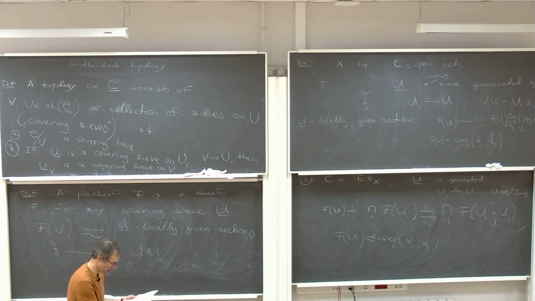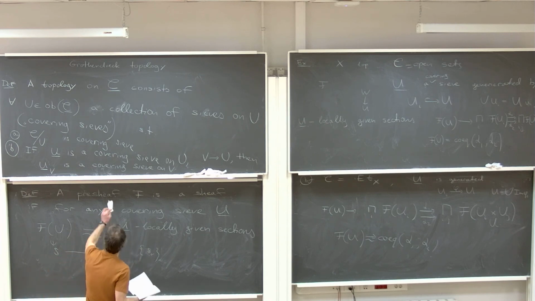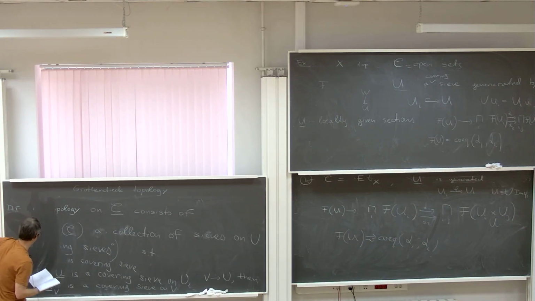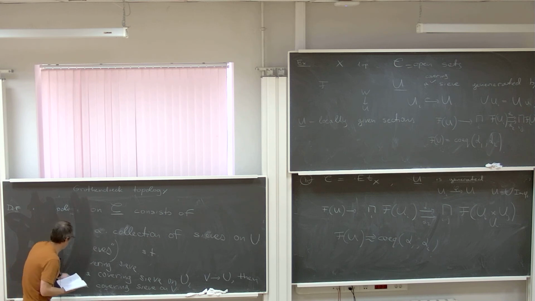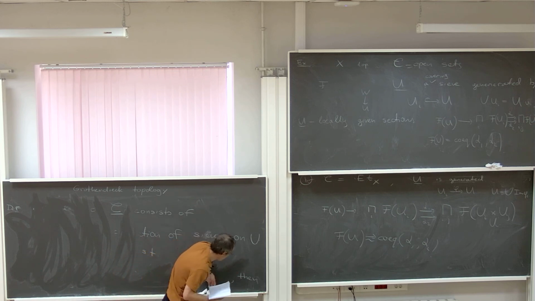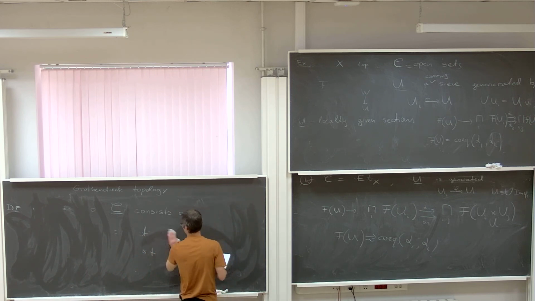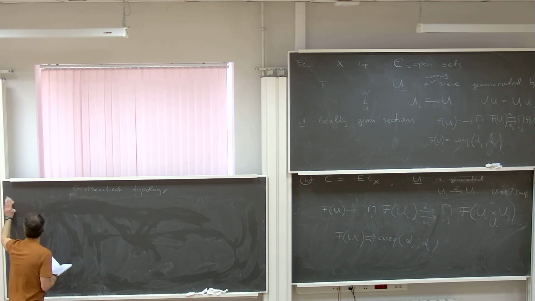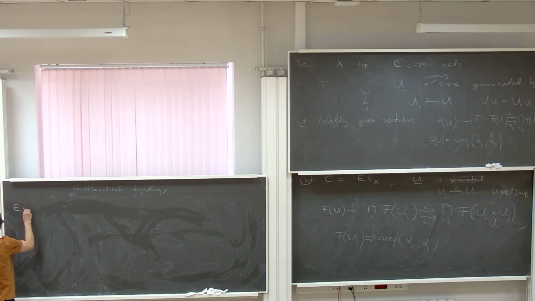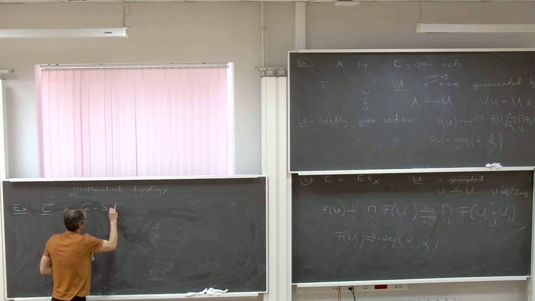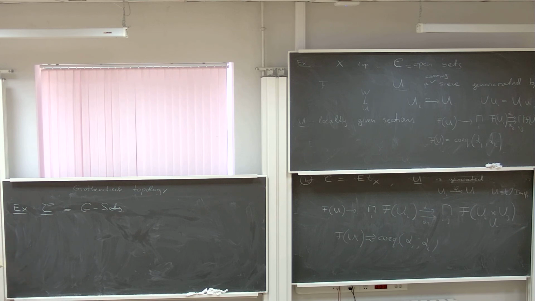Now, maybe I will finish with one more example. Let's take a group G, a discrete group. So C is the category of G-sets. I allow myself infinite sets, and G could be an infinite group.